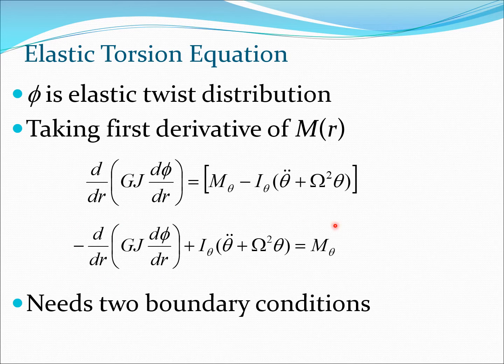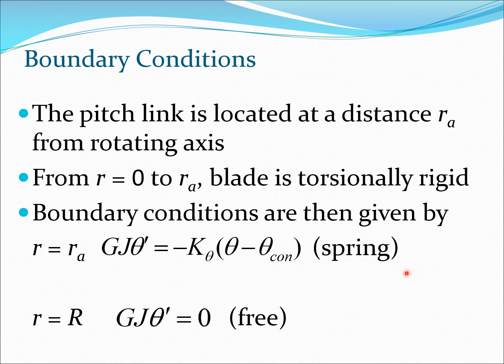Now, to solve this equation, I need two boundary conditions because this essentially has second derivative with respect to r. So let us look at one case. Now typically the pitch link is located at some distance R_A from the rotational center. So from r is 0 to R_A, the blade is torsionally rigid. So I can write the boundary conditions as follows. At r is R_A, which is some small distance from the rotational center, GJ theta dash is going to be minus k theta into theta minus theta con.